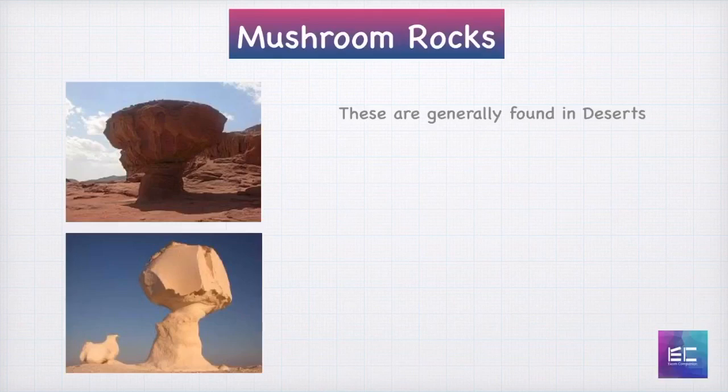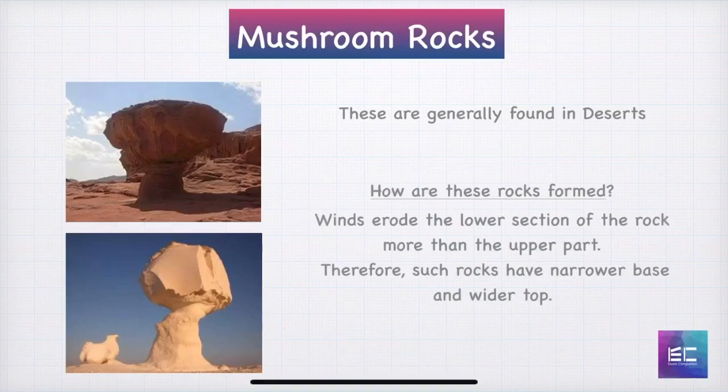How are these types of rocks formed? The answer is erosion. Winds erode the lower part more than the upper part, and hence the lower part becomes thinner and the upper part remains wide, thus forming rocks that look like mushrooms. As you can see, these two are pictures of mushroom rocks.